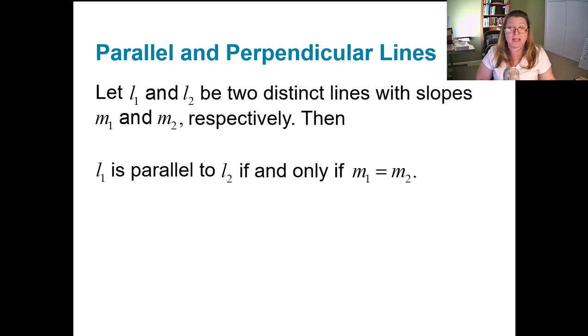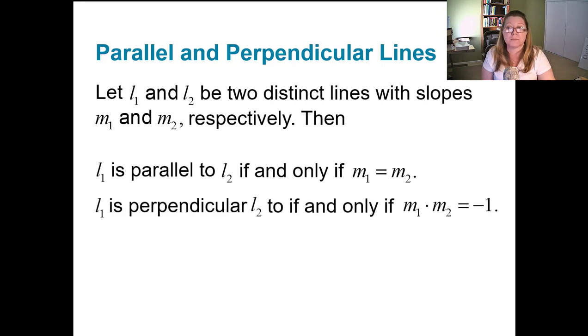For example, if line 1's slope is 2 and we have a parallel line, then the parallel line's slope must equal 2 as well. Likewise, if this slope is -1/2, then a parallel line would also have the slope of -1/2.